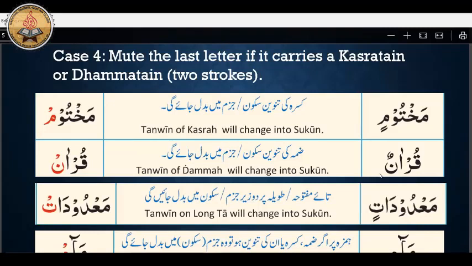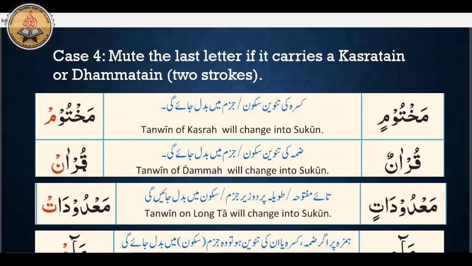Would you like to do the second one as well, please? Quranun. Excellent. And how would you pronounce it if you were doing a waqf? Quran. Try again. Quran. Excellent. So what replaces the dammatain? A sakun. Sakoon. Excellent. Read the next one as well, please.